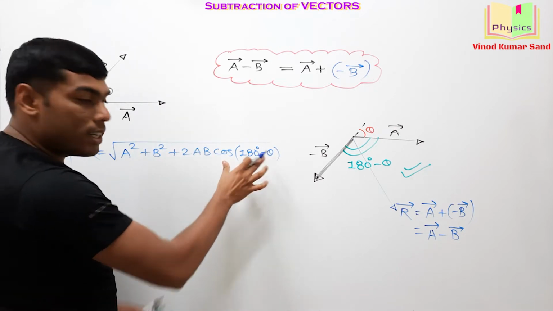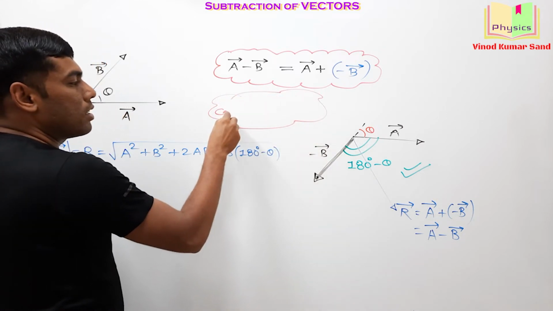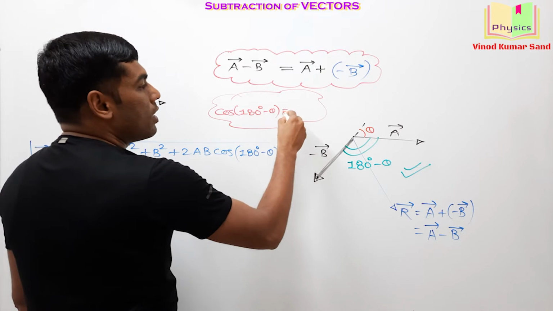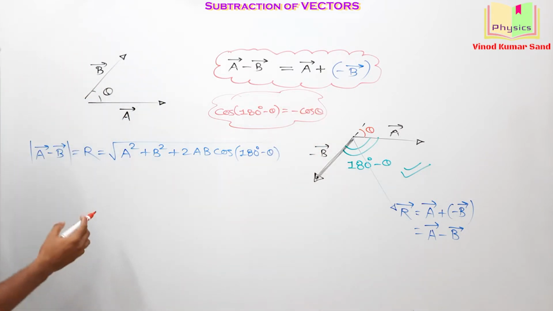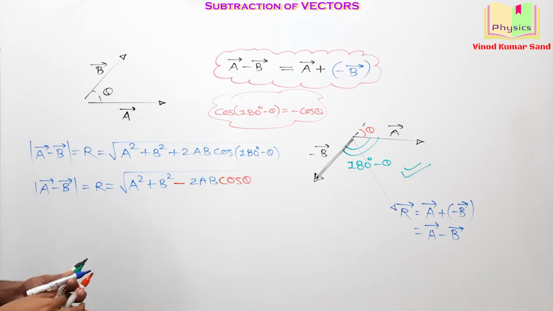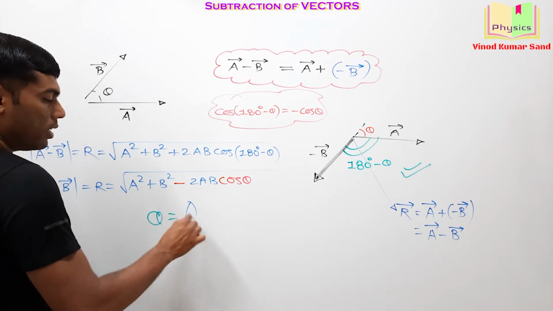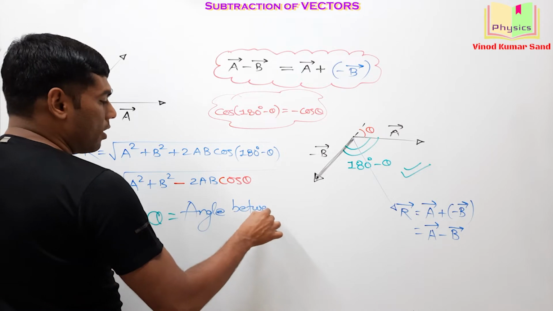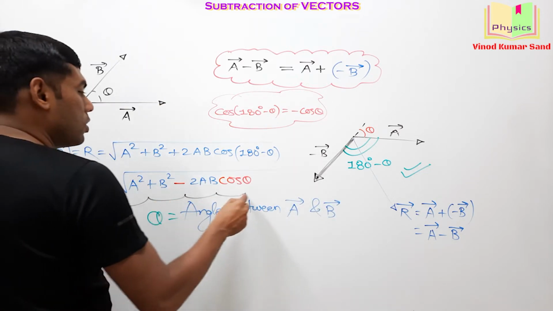Cos of 180 degree minus theta, from trigonometry, do you remember that? Speak up. How much is this? It is equal to minus cos theta. Substituting that here. Here what is theta? Theta is the angle between a vector and b vector. So we'll be using this formula in the calculations.